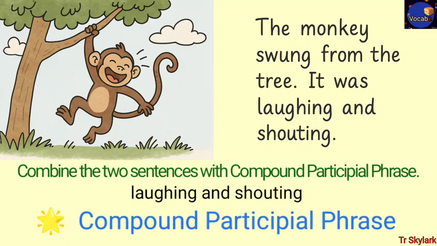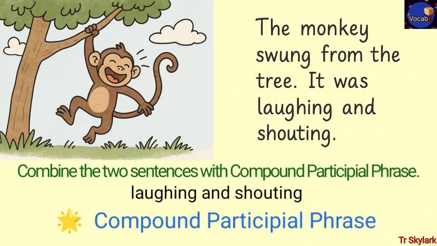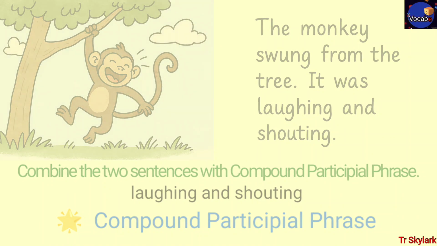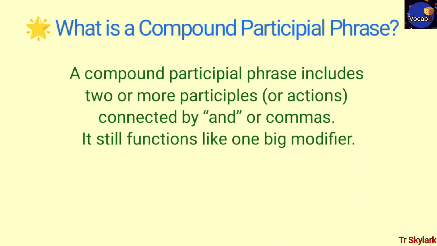But what exactly is a compound participial phrase? Okay, a compound participial phrase includes two or more participles or actions connected by and or commas. It still functions like one big modifier.